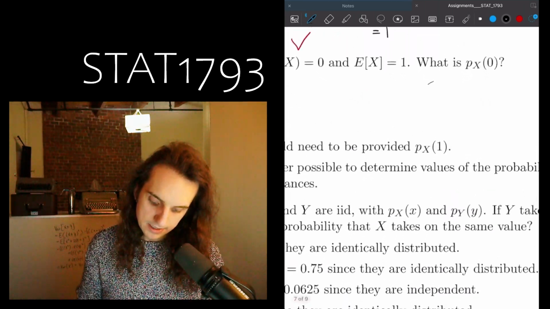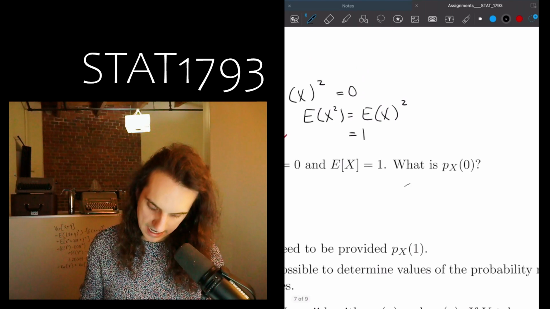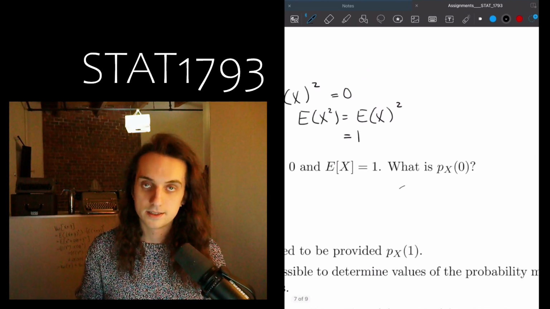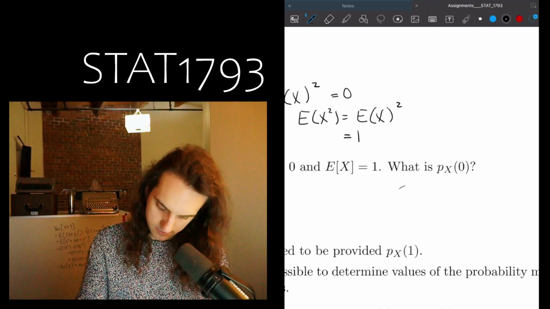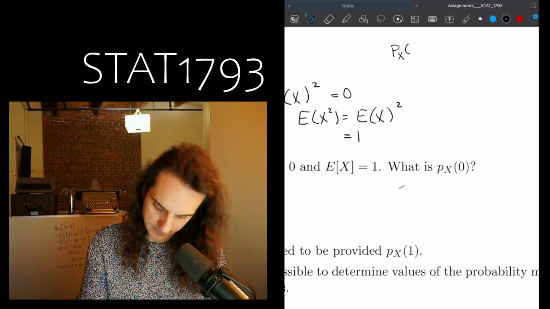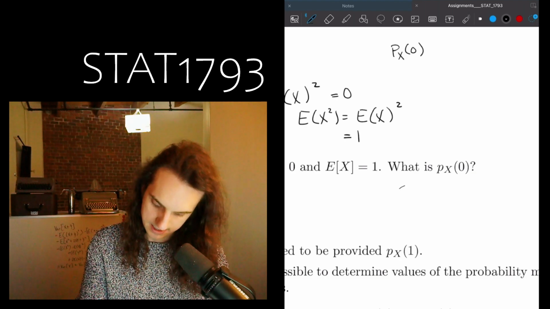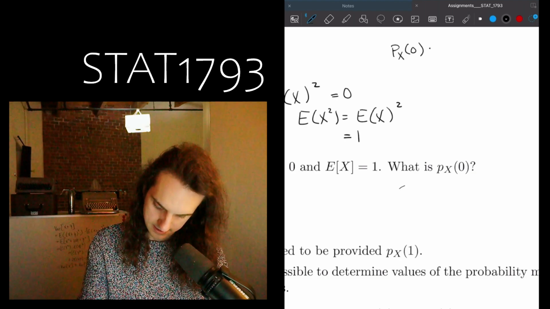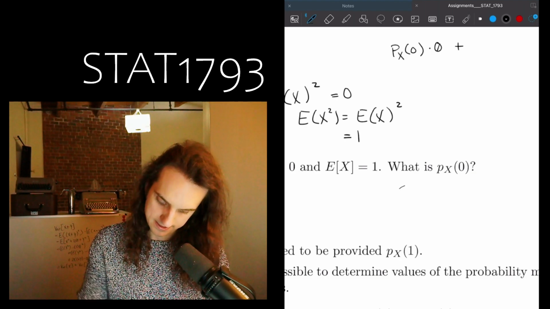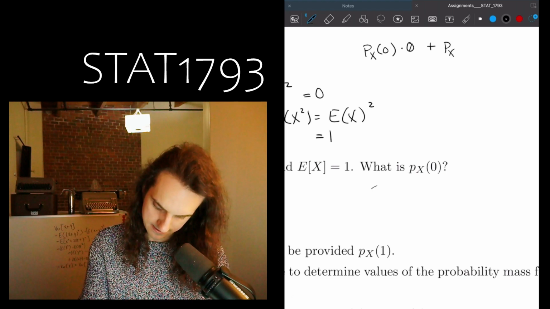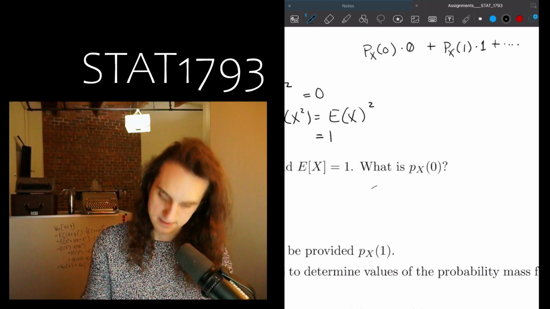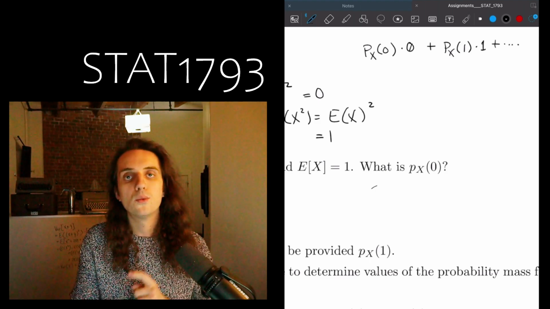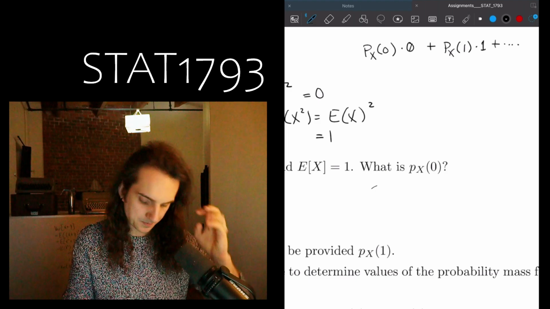Okay, so let's suppose here that x can take on more than one different value, right? So we would have, say, p_x of 0 times 0 plus, say, p_x of 1 times 1 plus, and so forth. Okay? What are the two things that we know?